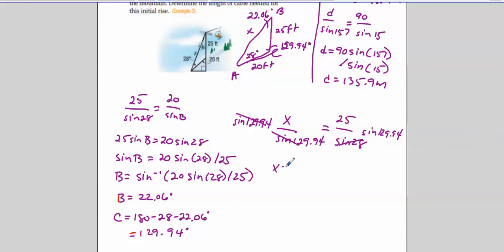So we're going to put into the calculator x equals 25 sine 129.94 divided by sine 28.